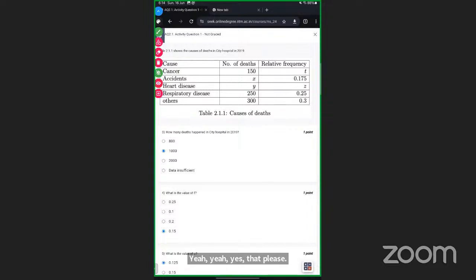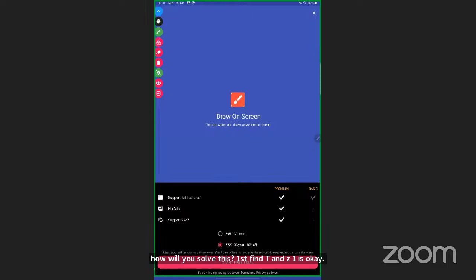I was explaining, so how will you solve this? First find the T and Z values.